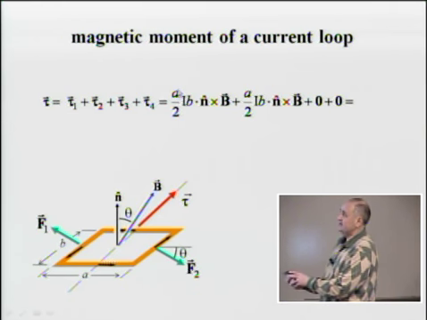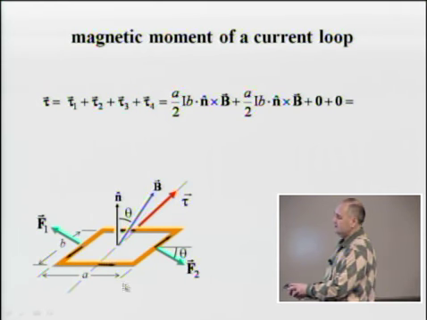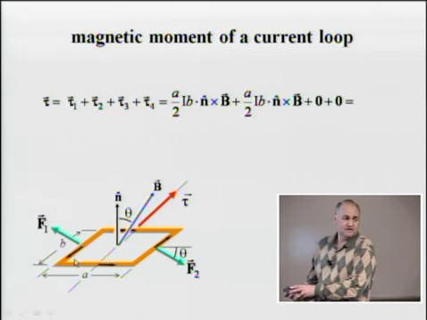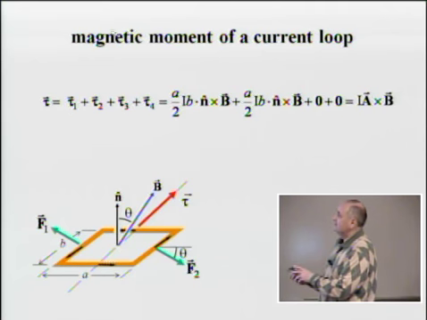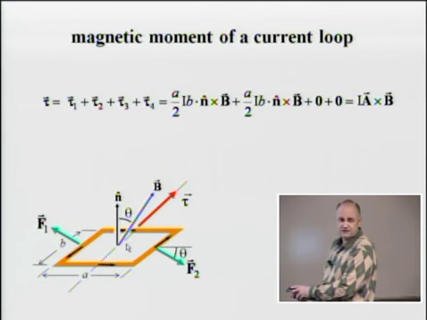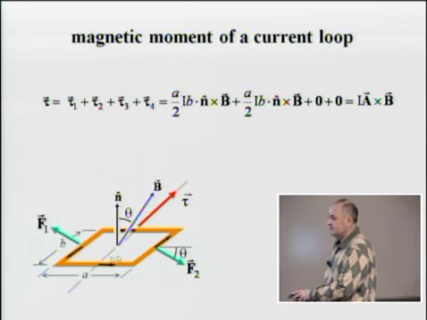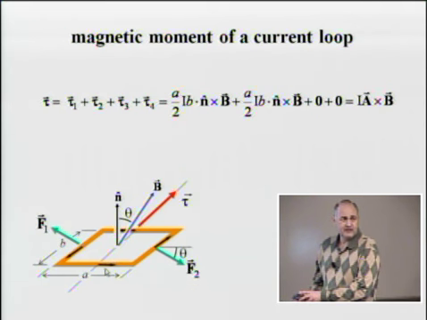Now, I can recognize that here I have a product of one dimension of this rectangle and another dimension of the rectangle. Well, it is going to give me the area of the rectangle, right? And if I combine it with this unit vector, I will get a vector which is perpendicular to the surface and whose magnitude is equal to the area of that rectangle.